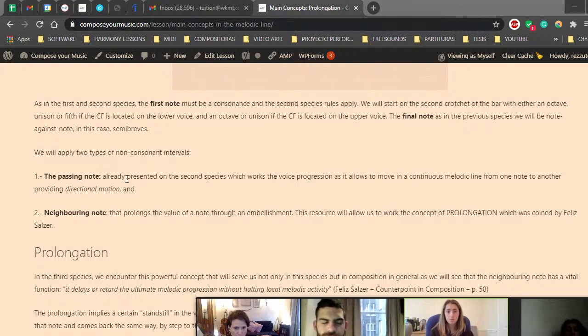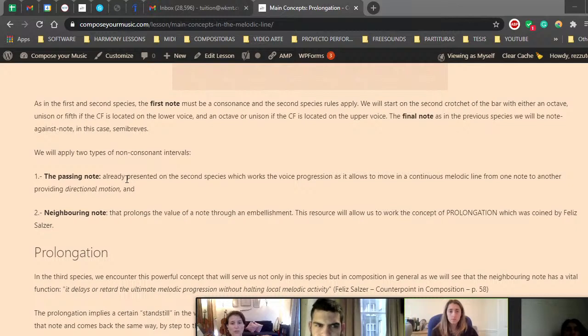For example, if you have a fifth and then a sixth against the cantus firmus, that's a passing note, and it's a consonance. It's not as strong as the dissonant one because it doesn't provide directional motion, but you can use it, of course, in crotchets.